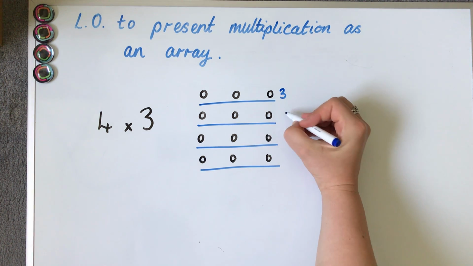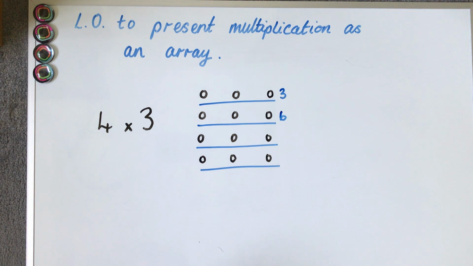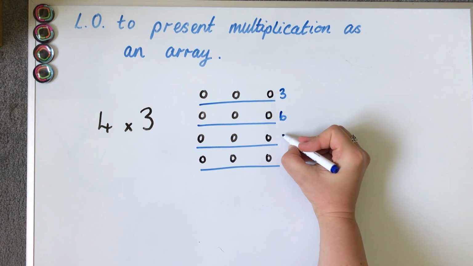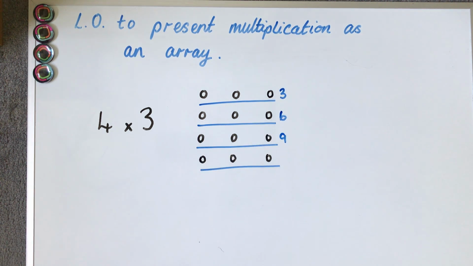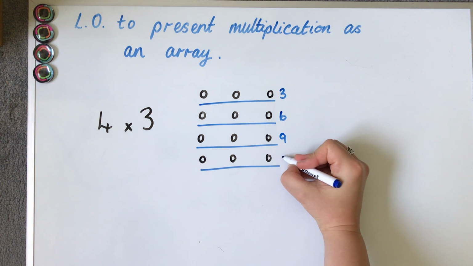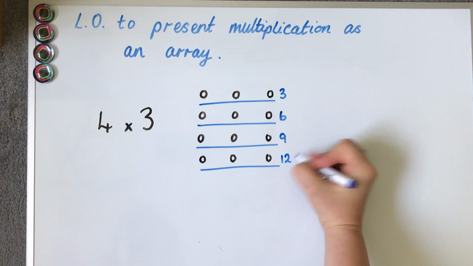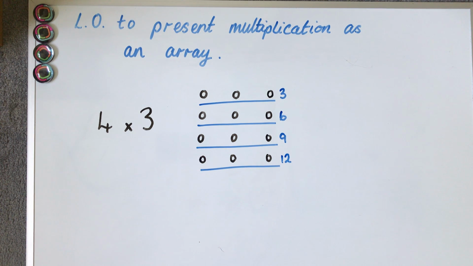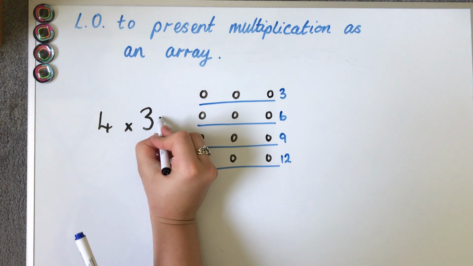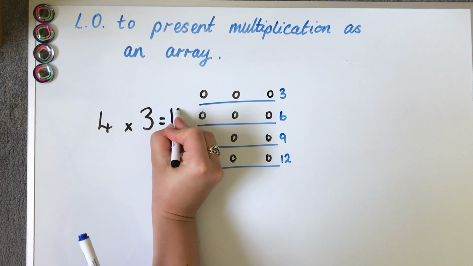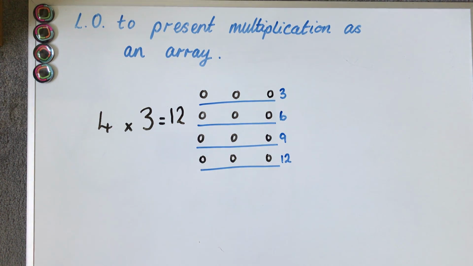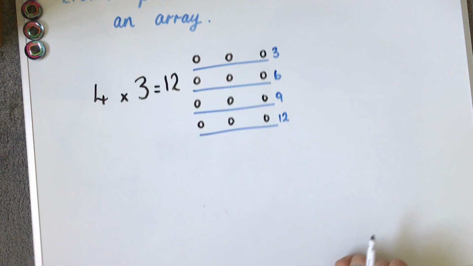Our second row would give us 6. Our third row would give us 9, and our fourth row would give us 12. So now we know that 4 times 3 equals 12.